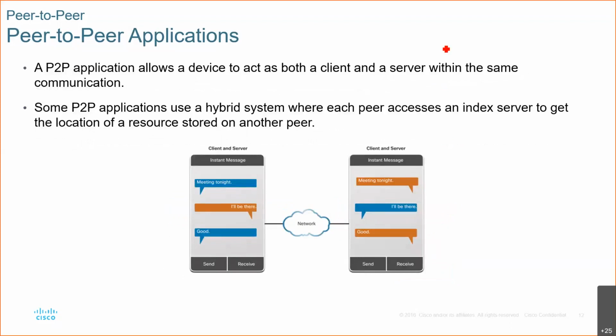Even an application developed as a peer-to-peer application behaves like both a client and a server within the same communication. Sometimes they use a hybrid system where they can access an index server to get the location of the resource that is on another peer.